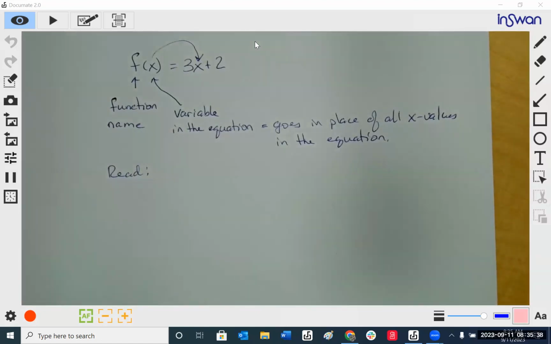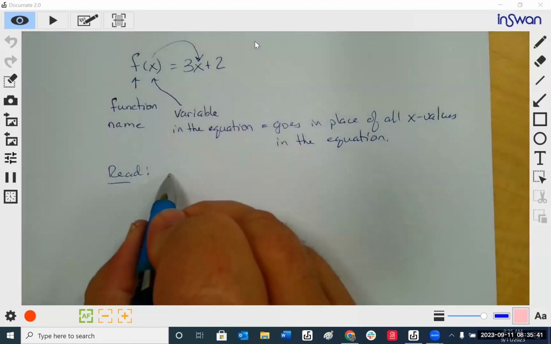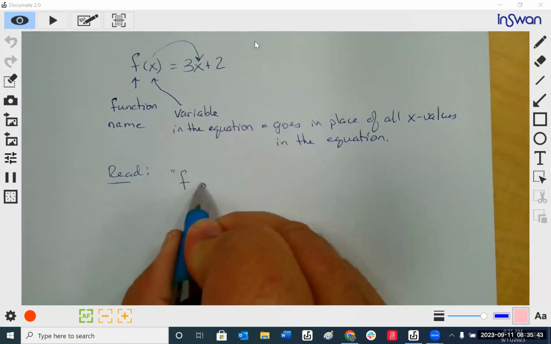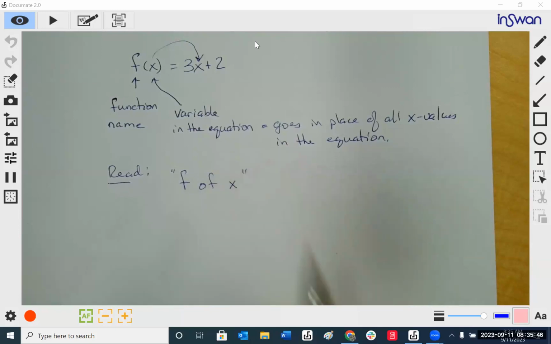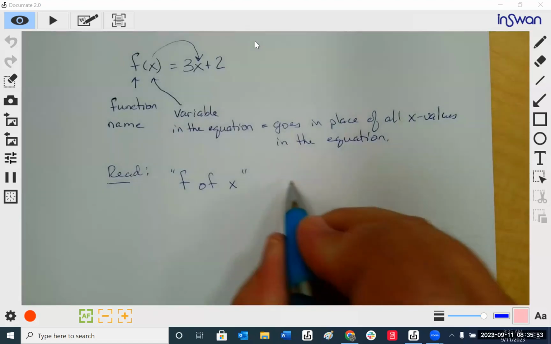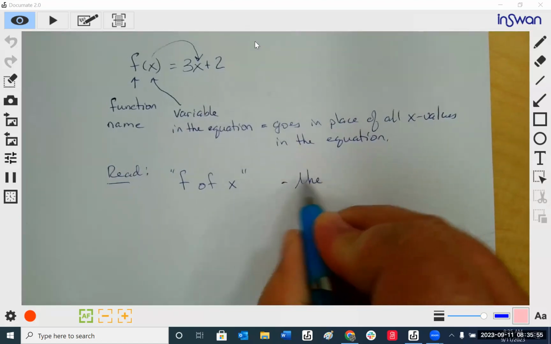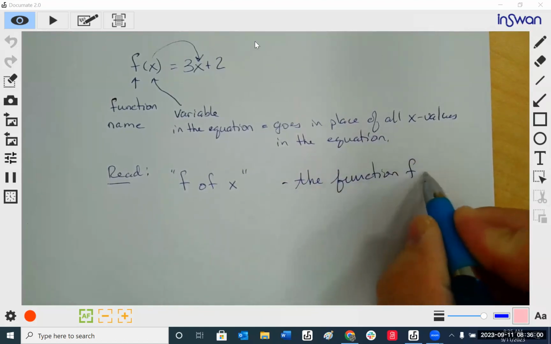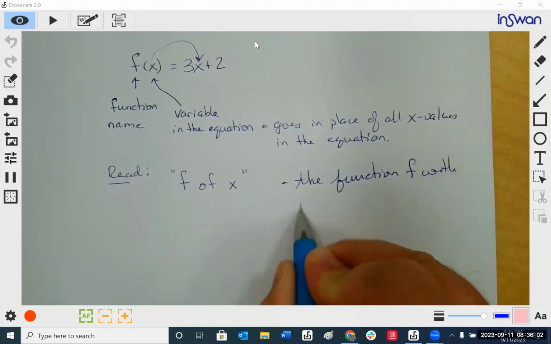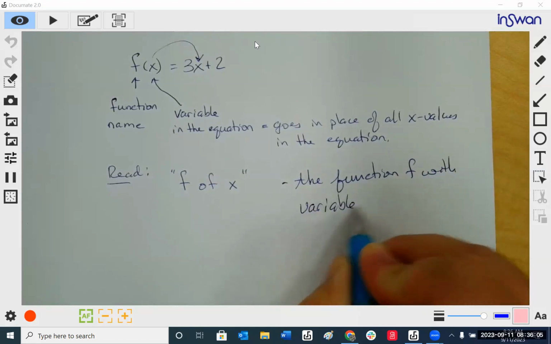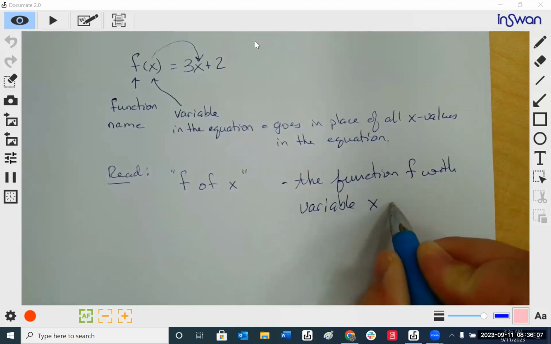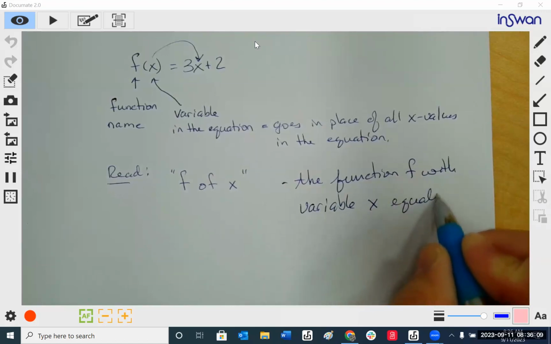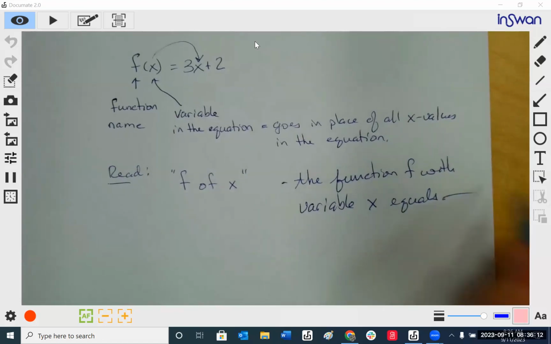F of x. That's how we read it. It actually means the function f with variable x equals blah, blah, whatever the equation is.